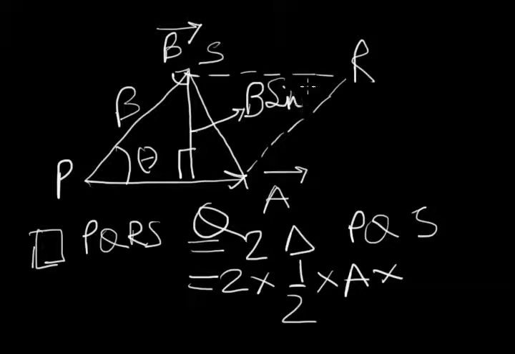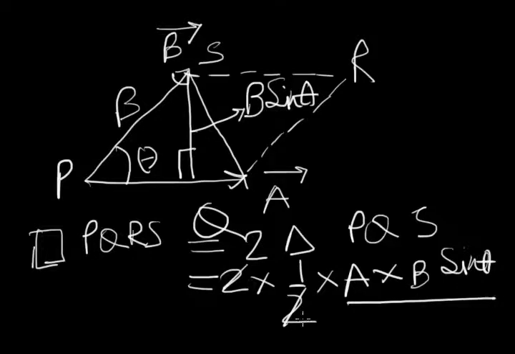That leads us to the expression AB sine theta. Now the two halves cancel, so what remains is AB sine theta, which is nothing but the cross product. So this is how the sine comes into play when we write that the magnitude of A cross B is AB sine theta.